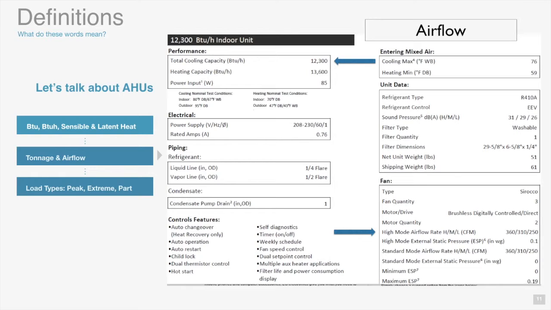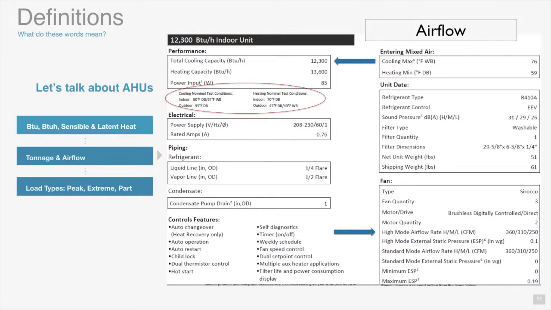Down here at the bottom, you see that the high airflow rate is 360 CFM. And you would expect to see something like that because it is a 1-ton unit and it's close to 400 CFM.